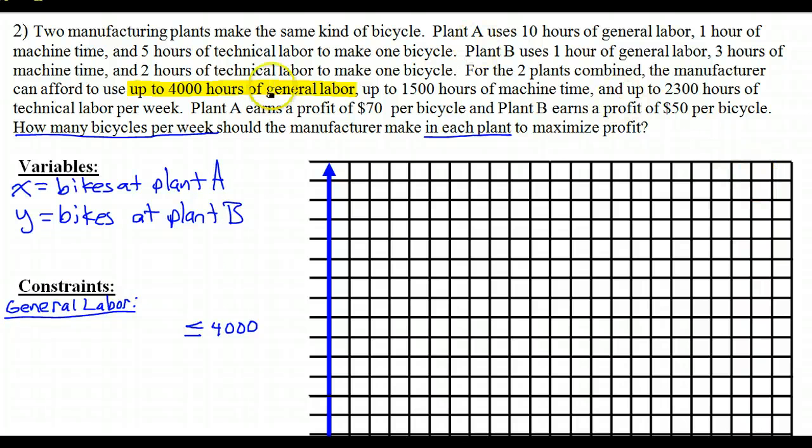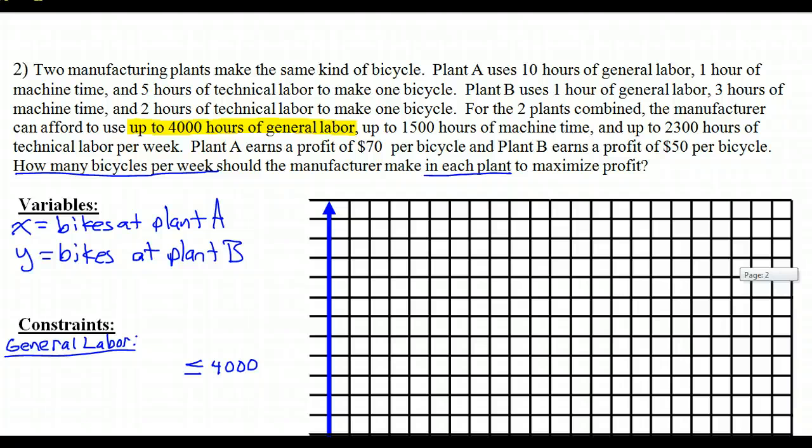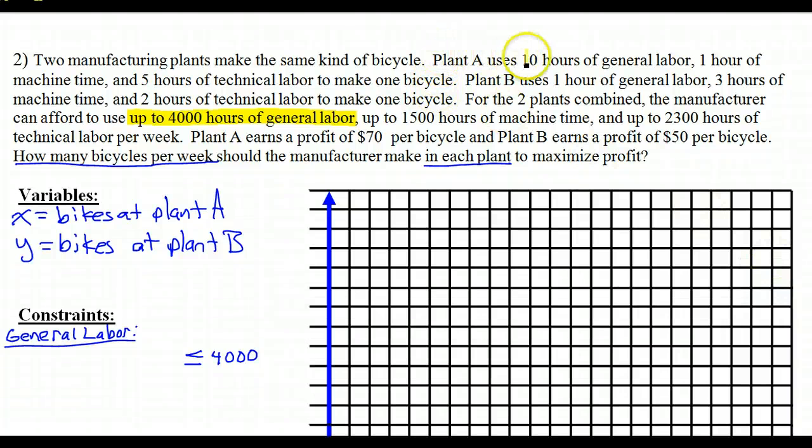All right? Since it's all general labor, I'm going to stick with my yellow highlighter. So let's see what it says. Plant A uses 10 hours of general labor. Okay, so that's 10x right there. And plant B uses 1 hour of general labor. So that's Y. So it's going to be 10x plus 1y, or just 10x plus y.